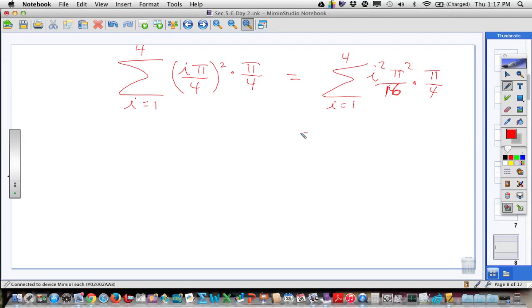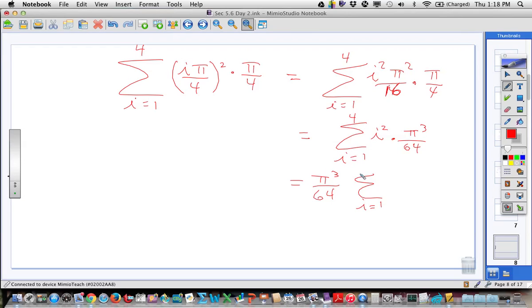All right, so what I'm going to do is work this out by hand. You're not going to have to do this except for one later, we're going to do. I'm going to make you guys do it. But so I got i squared, and then this would be what? Pi cubed over 64. Now, isn't pi cubed over 64 a constant? So can I pull that out in front? Is that correct? And then that leaves me what?